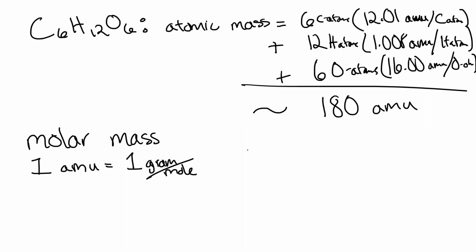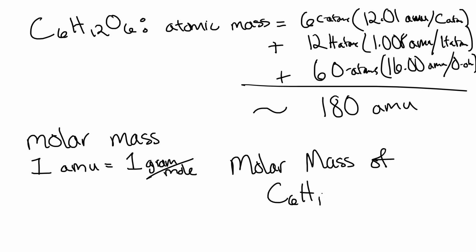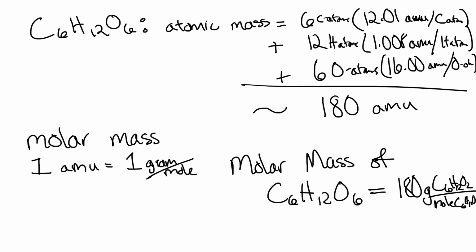So that means the molar mass of C6H12O6 is equal to 180 grams of C6H12O6 per mole of C6H12O6.